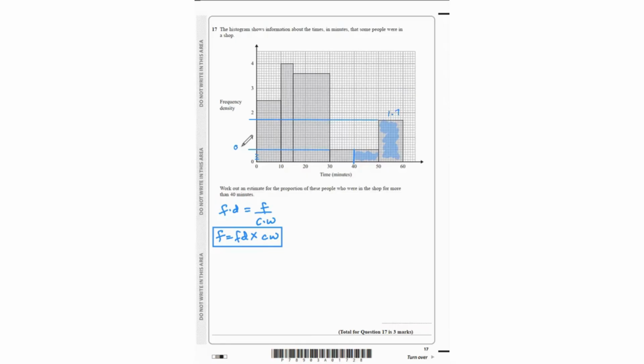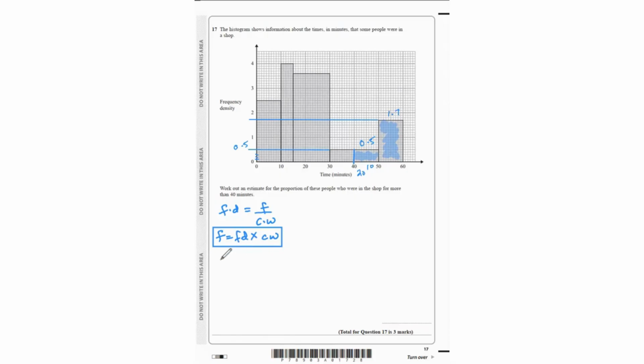Yep, that's 0.5. Now we have the complete bar for 50 to 60, but for the 30 to 50 bar, we have half of it. In total there are 20 small squares inside this, so if we're taking half of it, we're focusing on the interval for 10, 40 to 50.